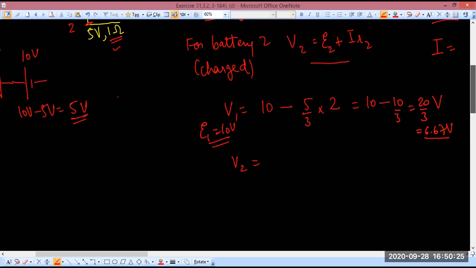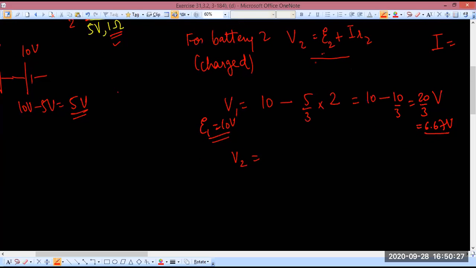Now V2. For the second battery, the EMF is 5 volt. Epsilon 2 is 5, plus. Now what's the current? Again the same current, 5 by 3, because there is no split or branching anywhere in this whole circuit.